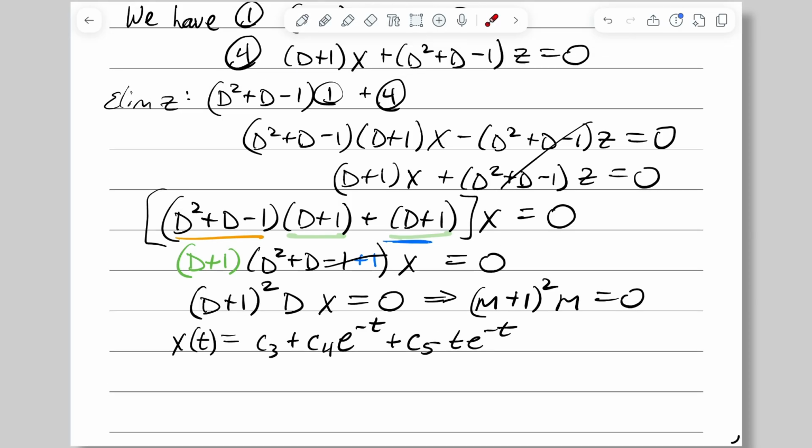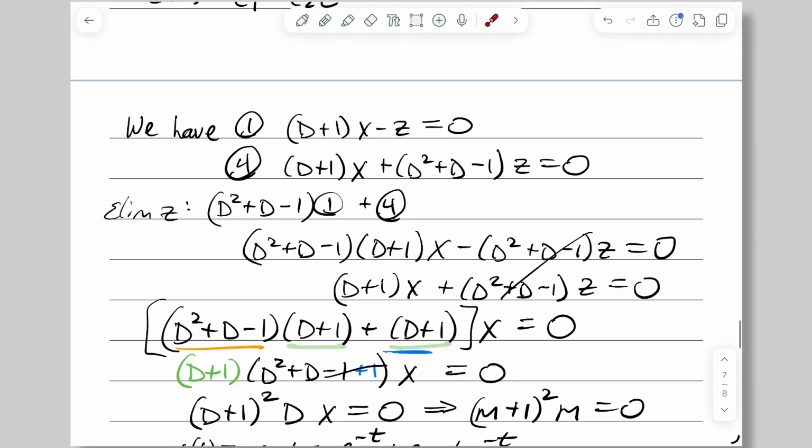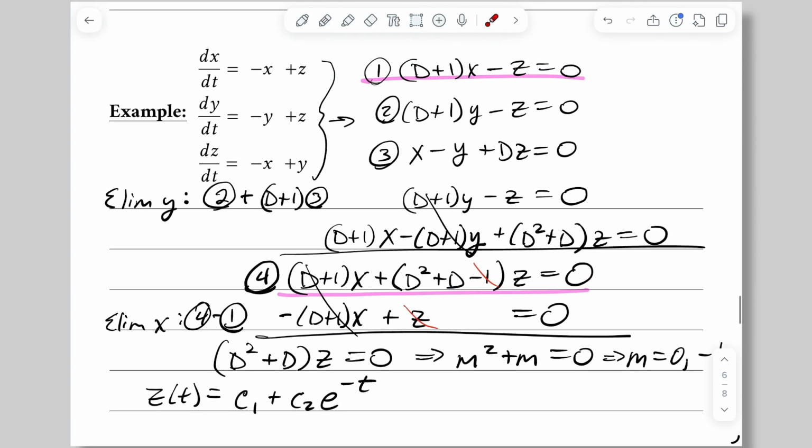You may remember a previous video in which I talked about the constants being connected because the system was coupled. And I'm looking back here at the original equations, and what I see is the first one is dx/dt equals -x plus z, and therefore I can use it to connect the constants that we currently have.